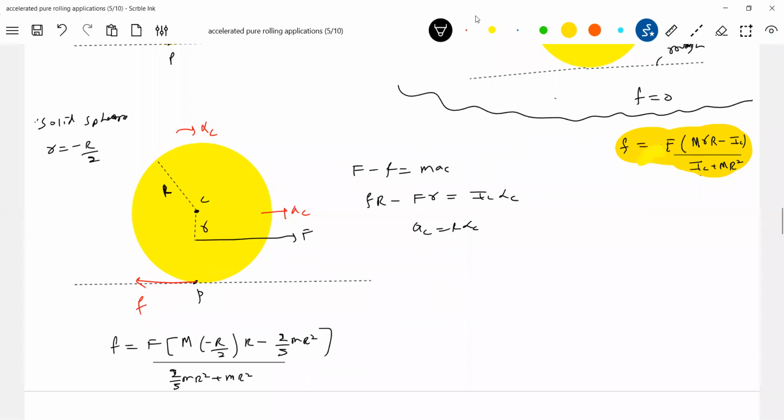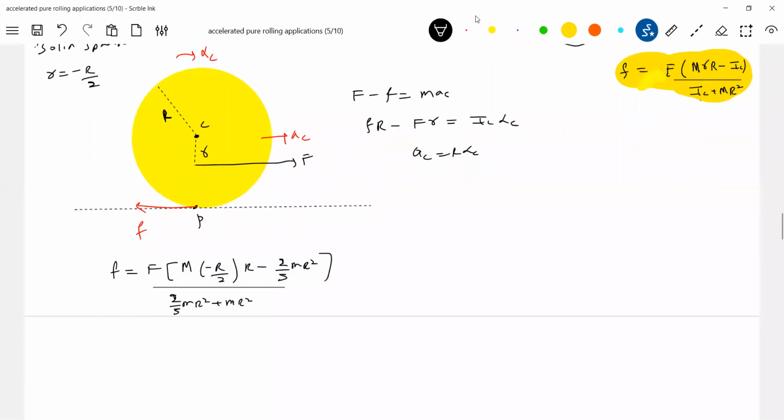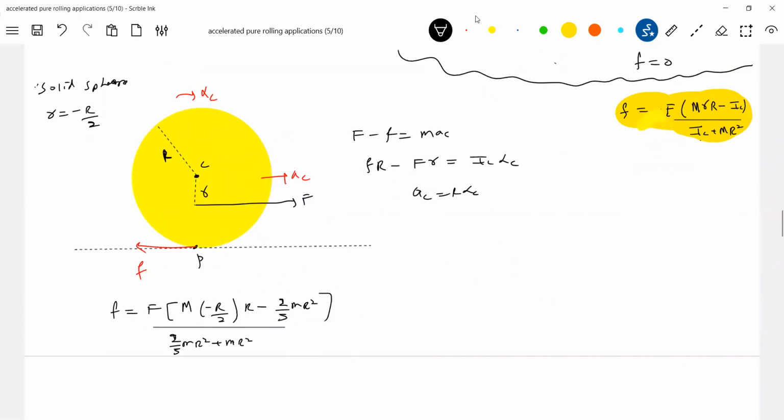Now let me go directly to the lowest point. So shall I write the condition for any rigid body?